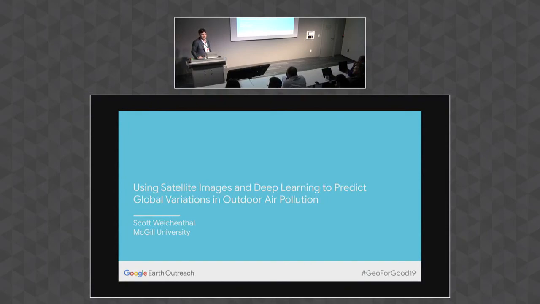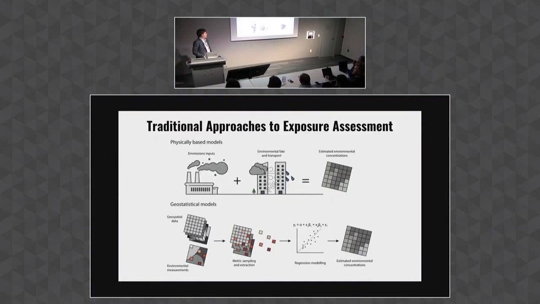So I'm going to talk a little bit about a project we've been doing over the past year to try and extract exposure information from pictures. I'm an epidemiologist and exposure scientist, and in order to do a health study, you need to assign people exposures. The way we normally do that is either through physically based models where you have emissions data, you model those emissions and their distribution through the environment, and then you assign an exposure based on what you know about how that emission is transported.